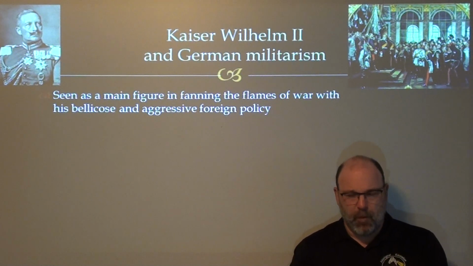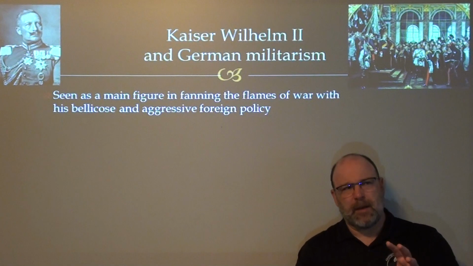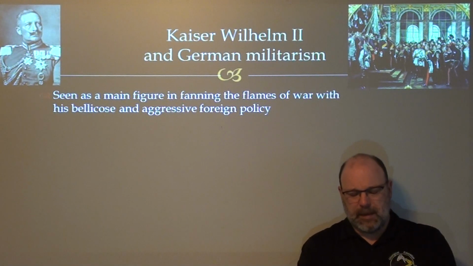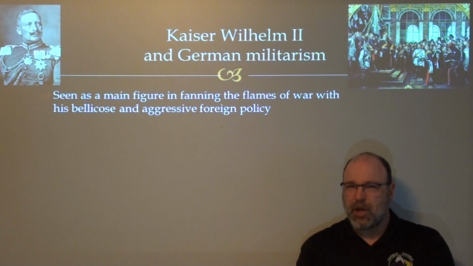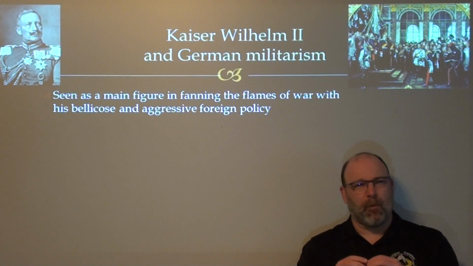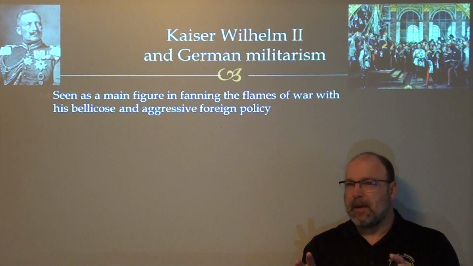Before Kaiser Wilhelm II, you had Otto von Bismarck, and we'll come to Bismarck another time. But he was the preeminent foreign policy guy. He was the chancellor, and he was a remarkable diplomat.